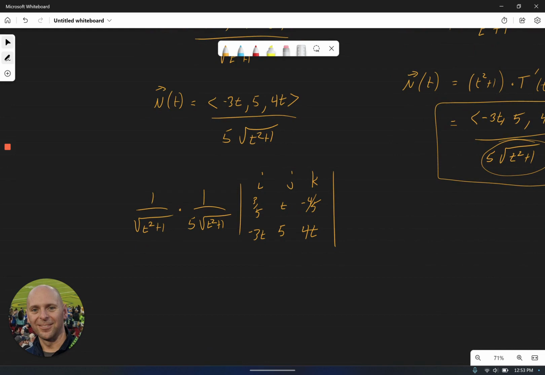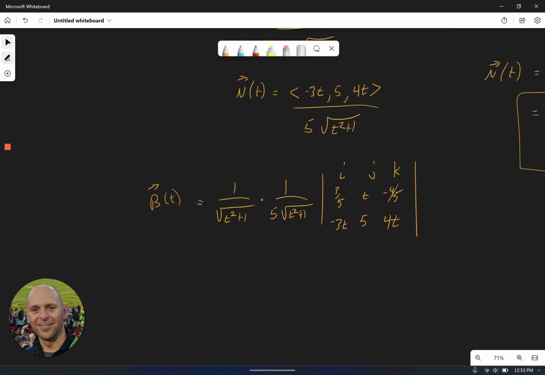And even as it is, we can go ahead and use the computer algebra system to help us find that cross product. And I've gone ahead and done that. So this is our calculation for our binormal vector.